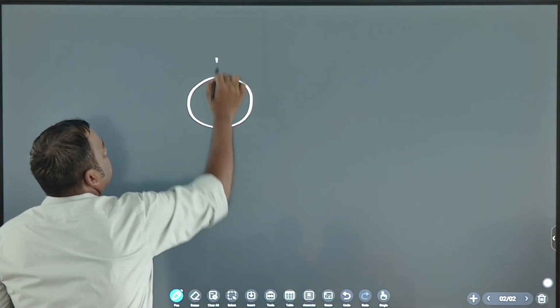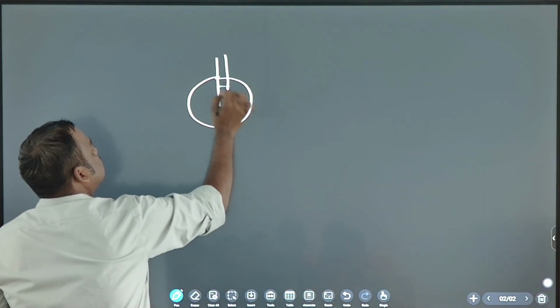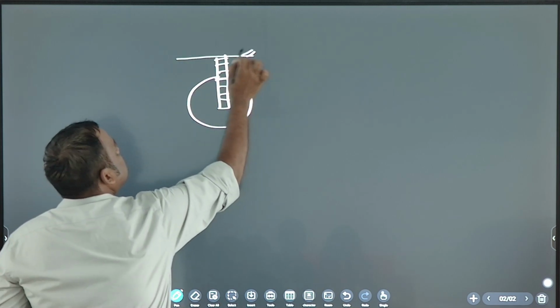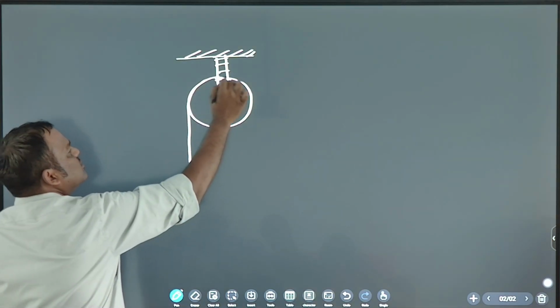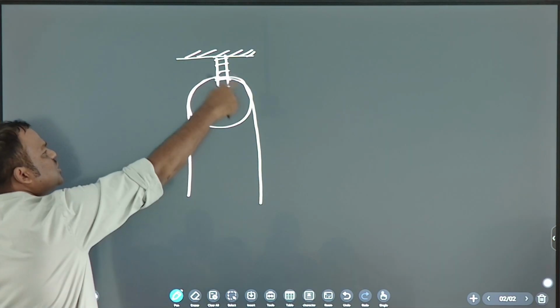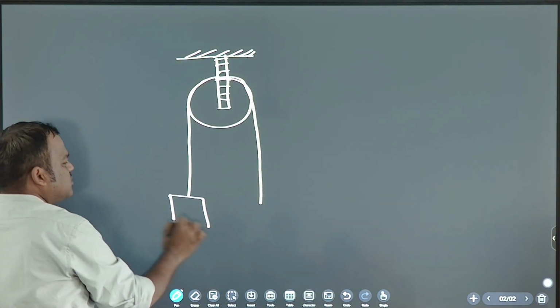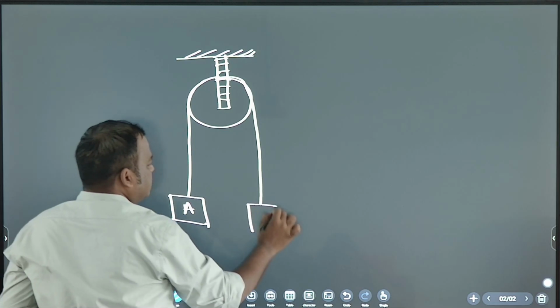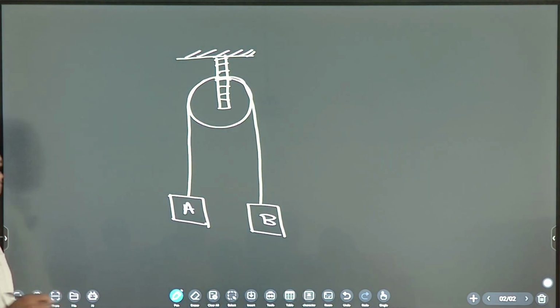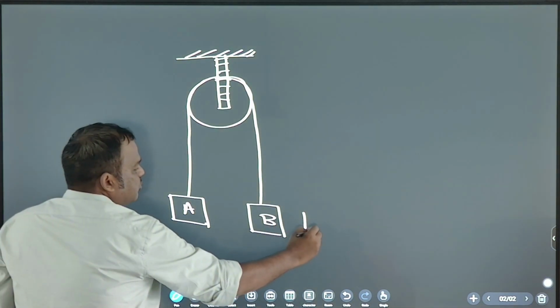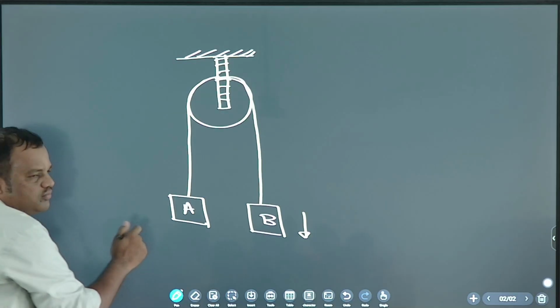Now this is a pulley, this is a clamp, ceiling. Now a string is going over this pulley like this. This is the string. Now the blocks are connected like this, A and B. Now you tell me, if you move B, suppose B is moved down, where will A go?